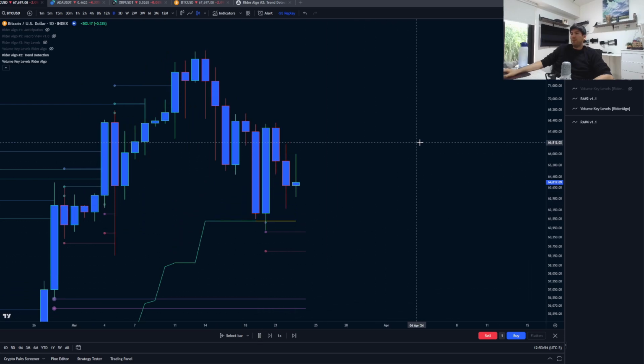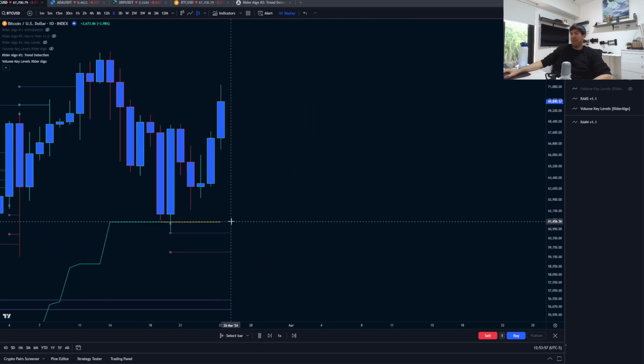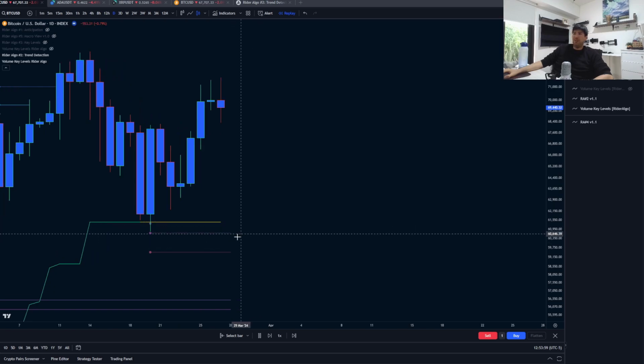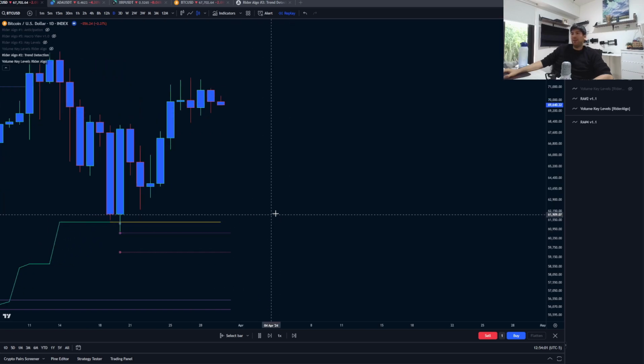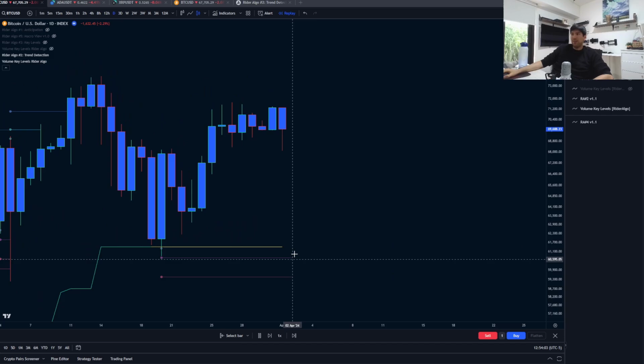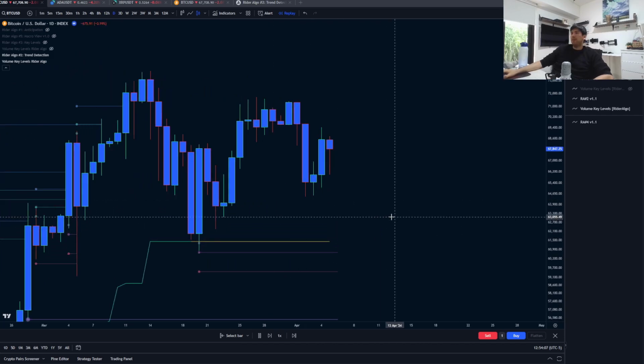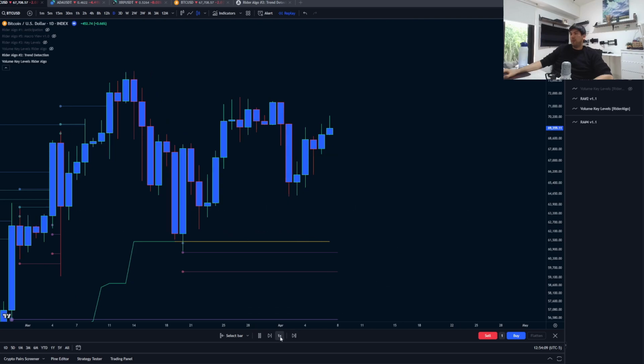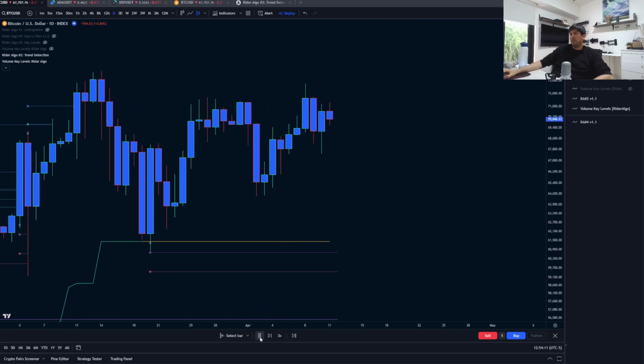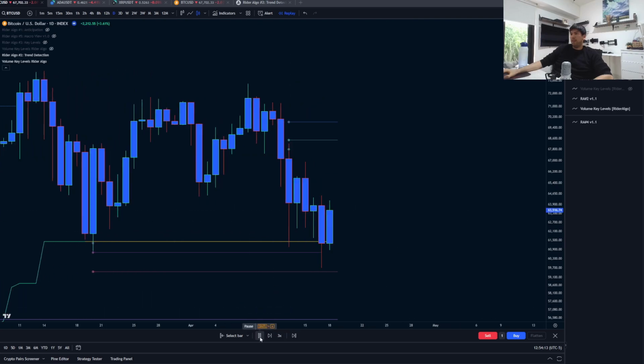So when price goes to test this line in the future, and these liquidation levels are close, you will see that there are very high chances for price to test this level before it bounces and liquidates people here. And just go with the replay a little bit faster, and there you go.